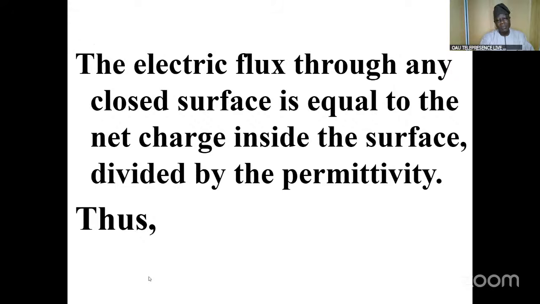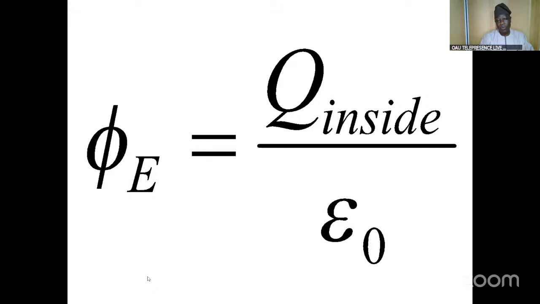The next point: the electric flux through any closed surface is equal to the net charge inside the surface divided by the permittivity. This leads you to the new equation: phi of E equals Q, the entire charge inside, over epsilon naught.